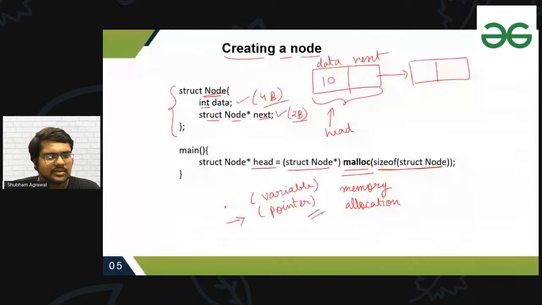So to access the value of this data, we have to use the arrow operator here, because we are defining a pointer. It will be something like this: head arrow data equal to 10. Then we have head arrow next equal to NULL.